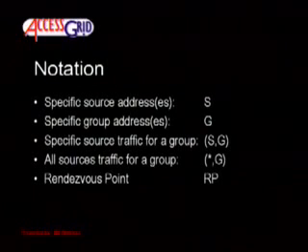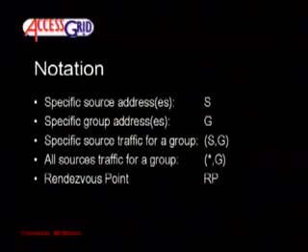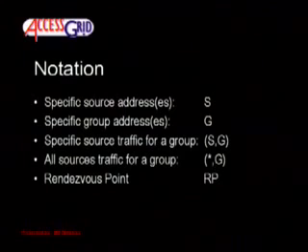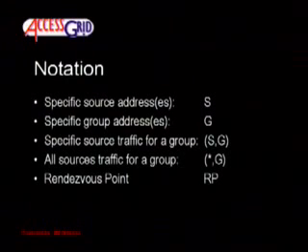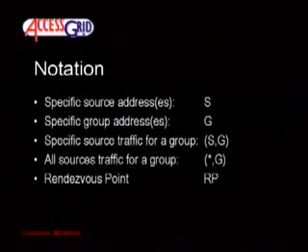A little bit of notation. You'll see this in the literature. Specific source addresses are referred to as S. The group addresses are referred to as G. If you're talking about a specific set of packets or forwarding state having to do with packets coming from a particular source to a particular group, that's referred to as (S,G), and you can see how it's written.